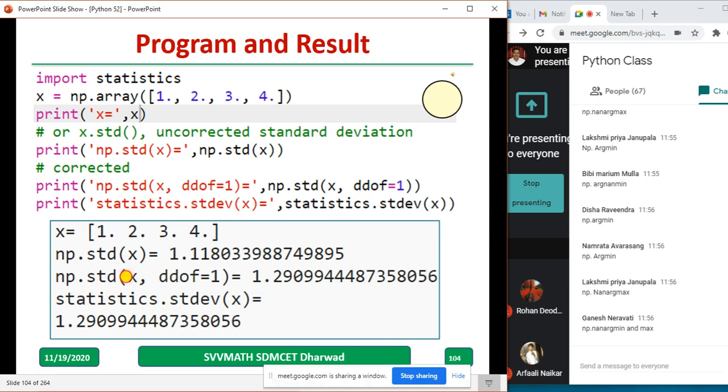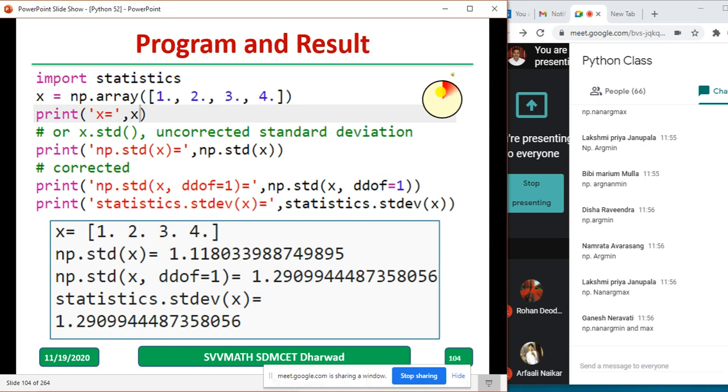So these are the results. One is a standard deviation and there is a corrected standard deviation. And these are the answers. Just copy down these 1 or 2 points and you can compare. Even you can write stdev, standard deviation. The answer of this uncorrected will remain same. Just take a minute to copy down these 2 lines or maximum 3 lines.